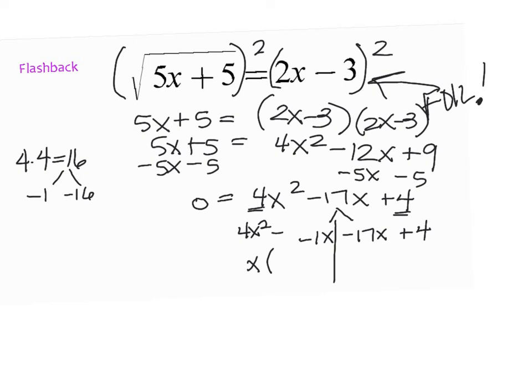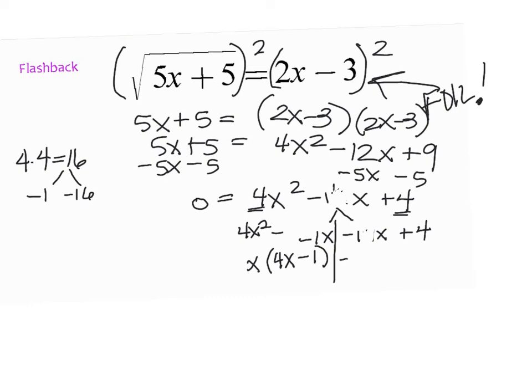I'm going to take an x out of here and have 4x. Oh, I think I wrote the minus twice. Oops, I wrote 17 instead of 16. That's not the eraser. Working on it, guys. Should be 16. I was wondering why that wasn't going to factor out nicely.